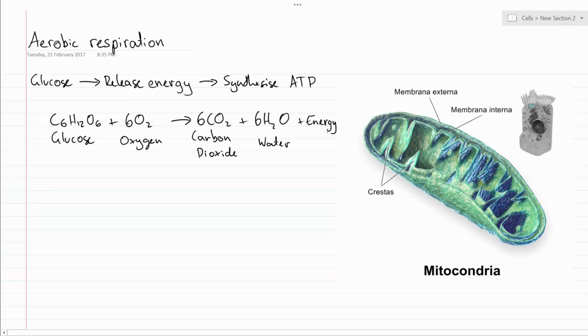So aerobic respiration is taking glucose in the presence of oxygen and breaking it down into carbon dioxide and water, and releasing energy which is stored in those bonds within the glucose molecule.